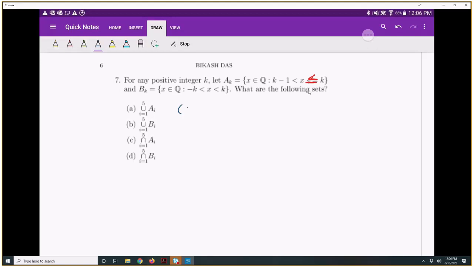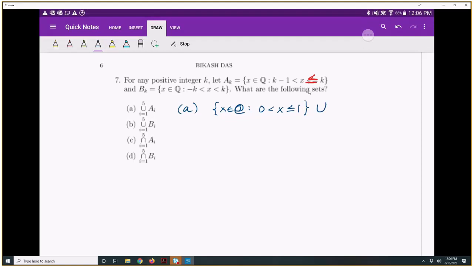First we have union, index running from 1 to 5 of A sub i. So this should be A sub 1, which is the set of x in the rational numbers such that 0, because I plugged in 1 for k, so 1 minus 1 is 0, is strictly less than x, is less than or equal to 1. That's A sub 1.